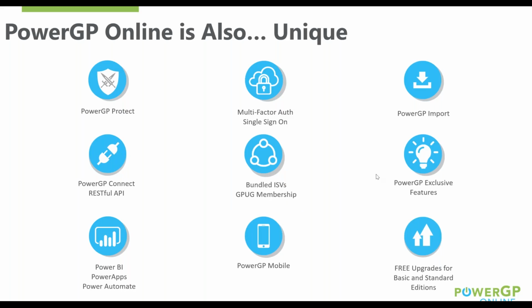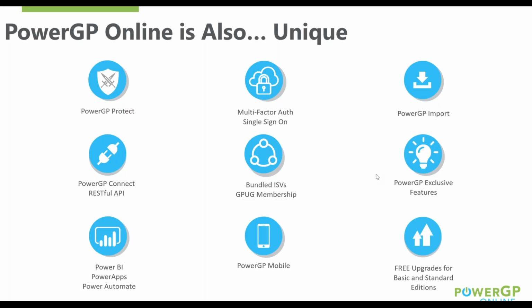We've added in our PowerGP Protect system, which is our system of cybersecurity and backups and disaster recovery to ensure that we have the safest cloud in the Dynamics GP ecosystem. We've added multi-factor authentication so that you can really level up your security profile and ensure that even if you have a set of credentials that gets compromised, a bad actor still wouldn't be able to get into your environment.